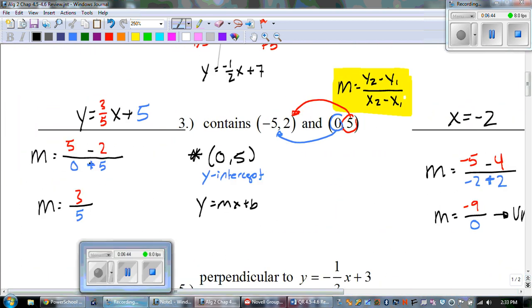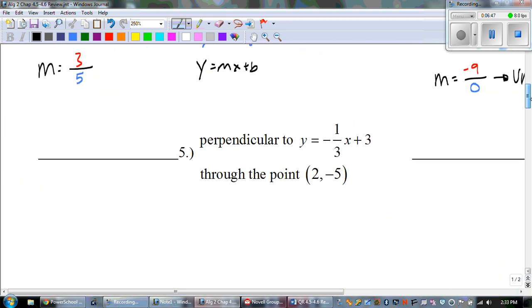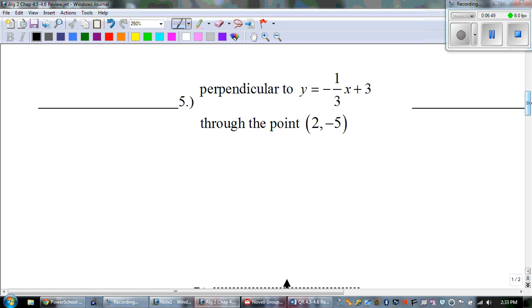All right. Next one. Number 5. I want a line that is perpendicular to y equals -1/3 x plus 3 and through the point 2, -5. Now, I know it's hard to tell, but they gave us a point and a slope. Okay, there's my point, but what's my slope?